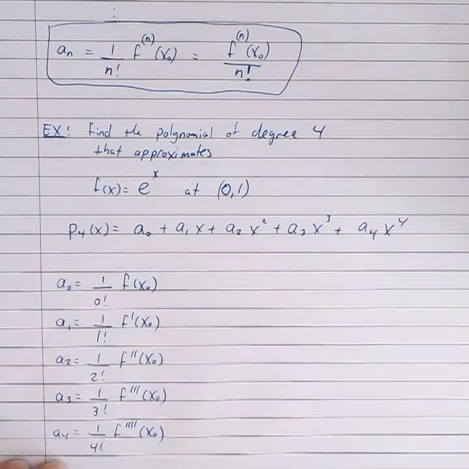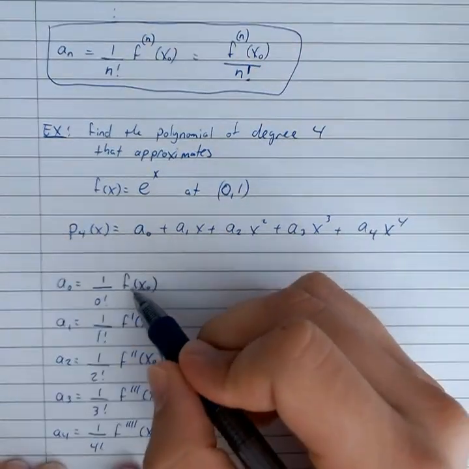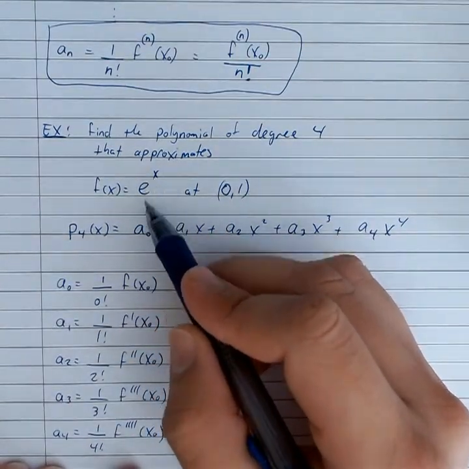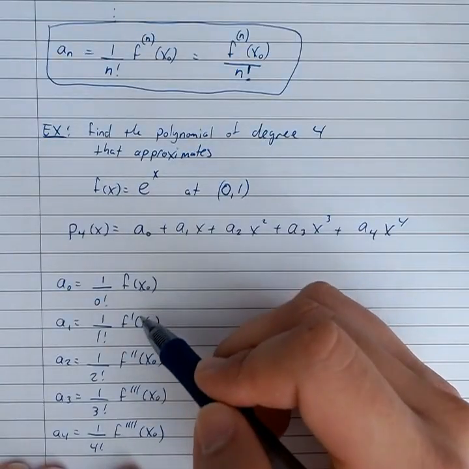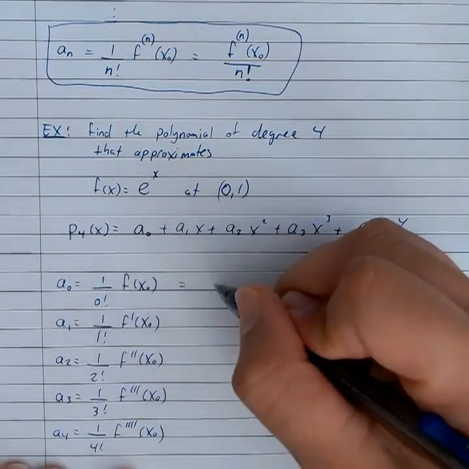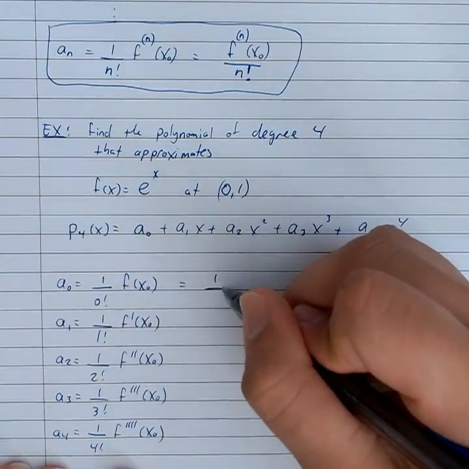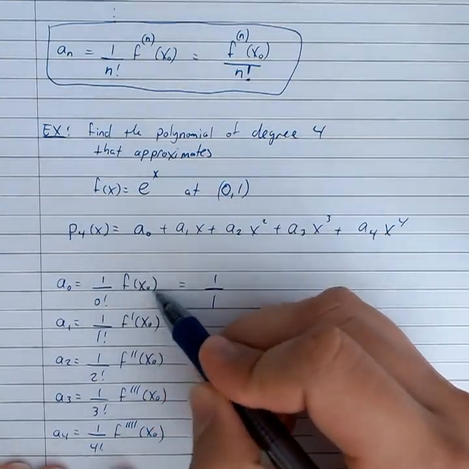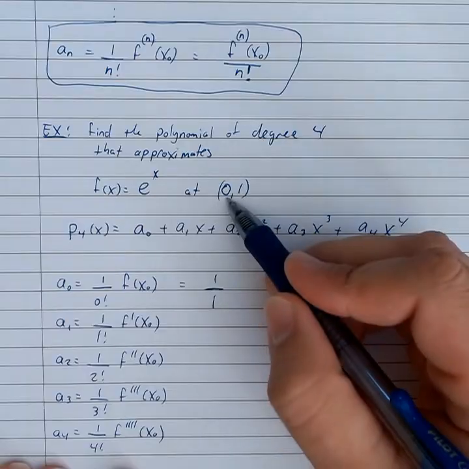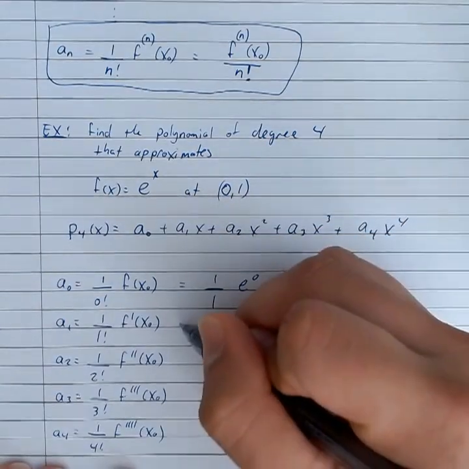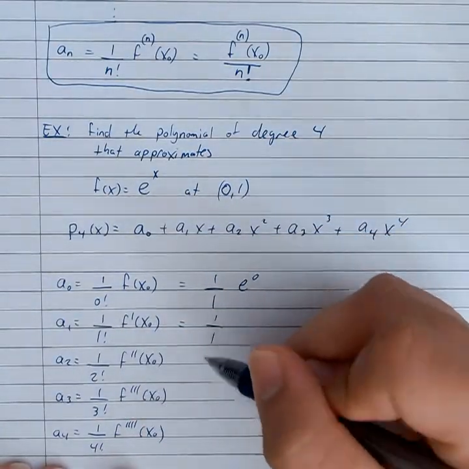But we know that our function, f of x, is e to the x. And the nice thing about e to the x is it's always its own derivative. So here that's 1 over 1 times, take your function and plug in 0. So that's e to the 0. Here, that's 1 over 1.